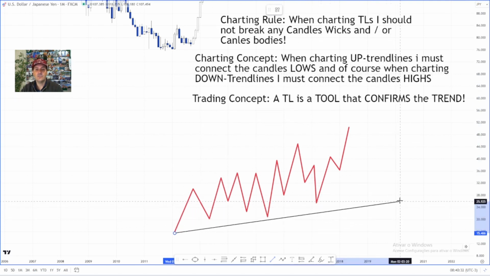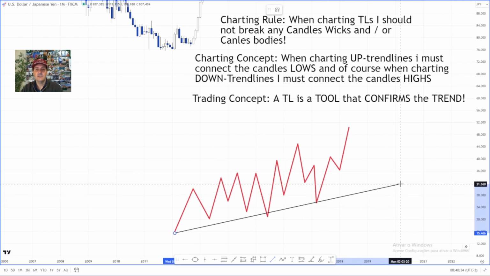So if I do something like this, would this be okay? Or am I breaking any rules? Exactly, I'm breaking the rules. I broke in here, so I cut a body.